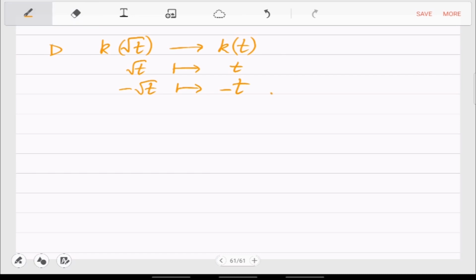And in general, as I said before, you just write in this basis variable square root t and map it to a different basis which is t. So this seems to be the isomorphism.